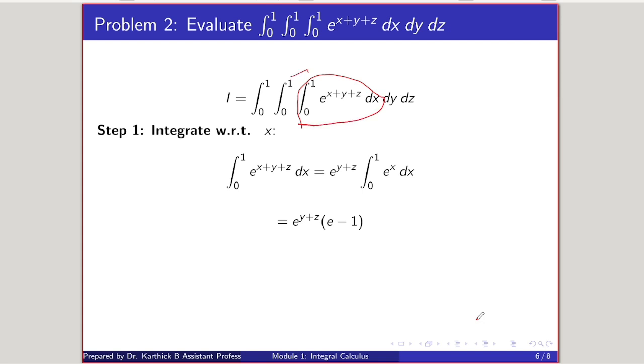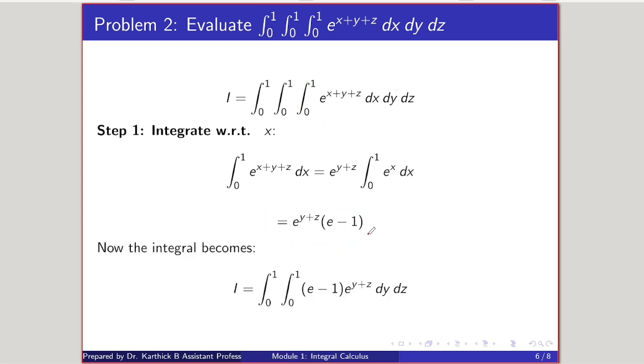Now we are going for the next integral, with respect to y. So we will substitute this function instead of that, and we will evaluate with respect to y. See, e is a constant value and 1 is also a constant value.